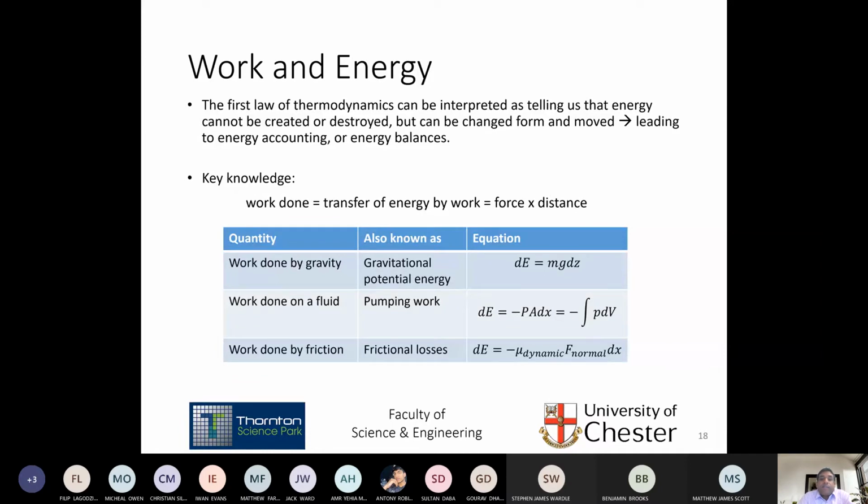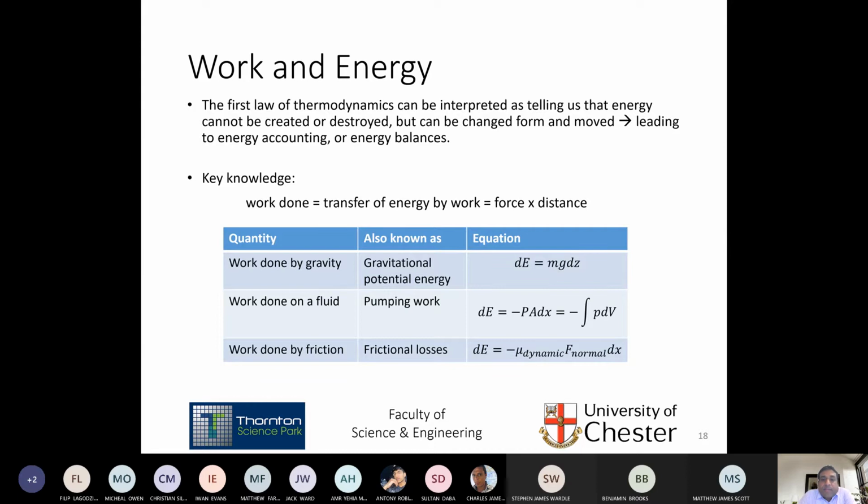In fluids, often pressure is a good way of quantifying or measuring the flow, and if you multiply that with the area of cross section and the length to which it moves, then you get the work that is done on the fluid.